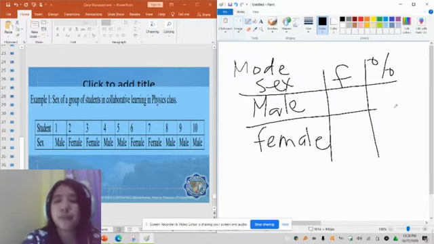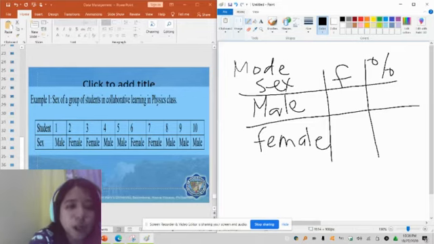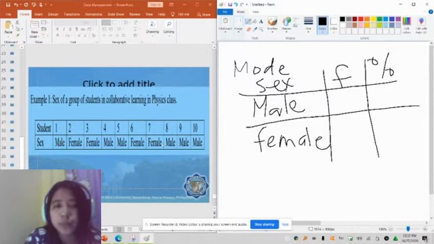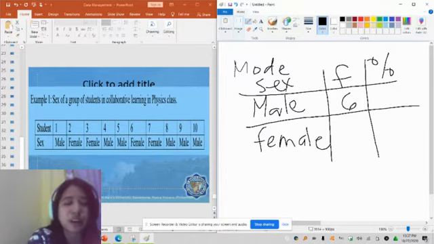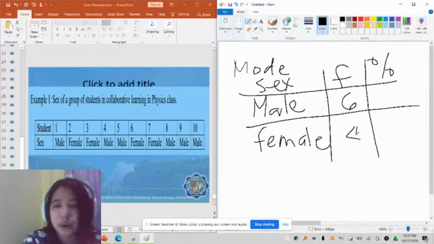So the number of male, let us count: 1, 2, 3, 4, 5, 6. So there are 6 male, and of course we have a total of 10 students. It means there are 4 females.